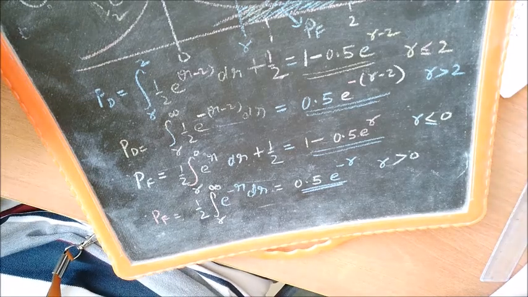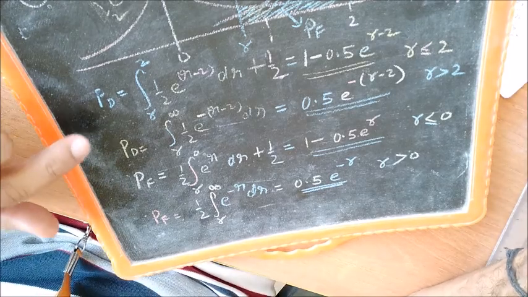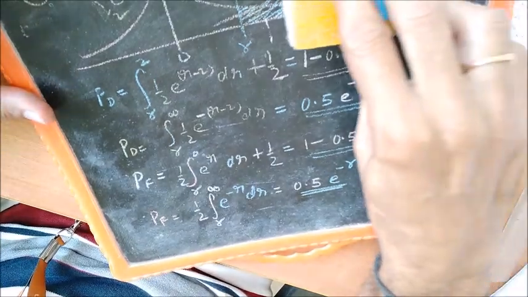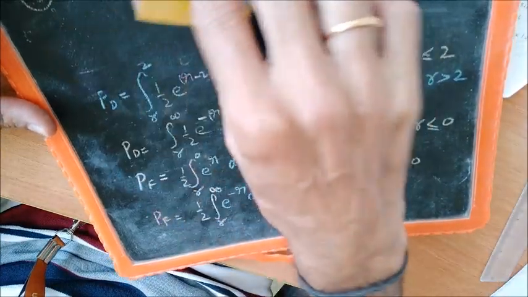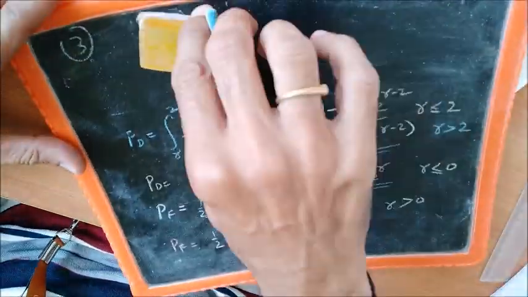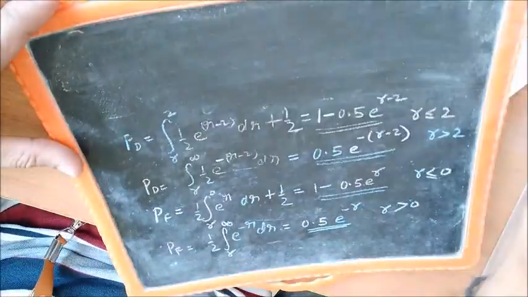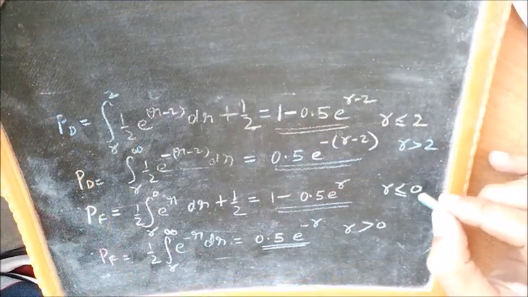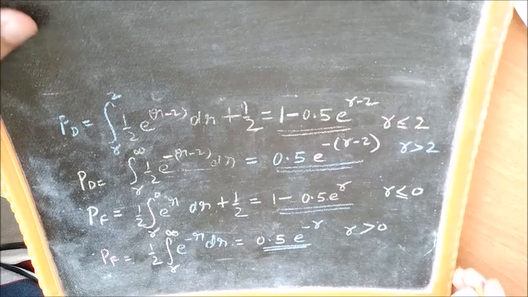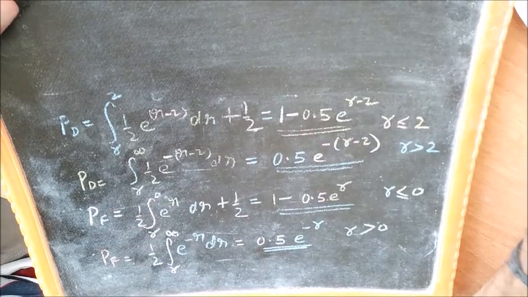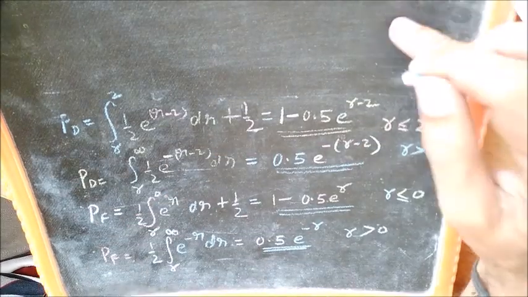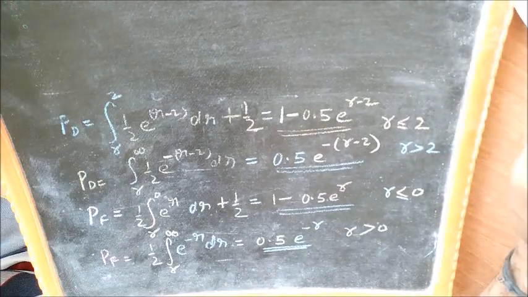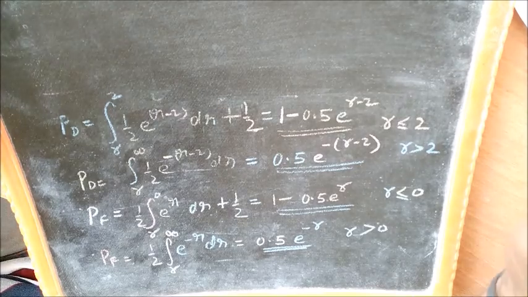Now what we do is, we will express PD as a function of PF, and then we can plot the ROC. So this figure is not required anymore. I will free some space here to express PD as a function of PF. If we observe these ranges, we can see that when we try to express PD as a function of PF, there will be 3 gamma ranges equivalent to 3 PF ranges which will be of interest.